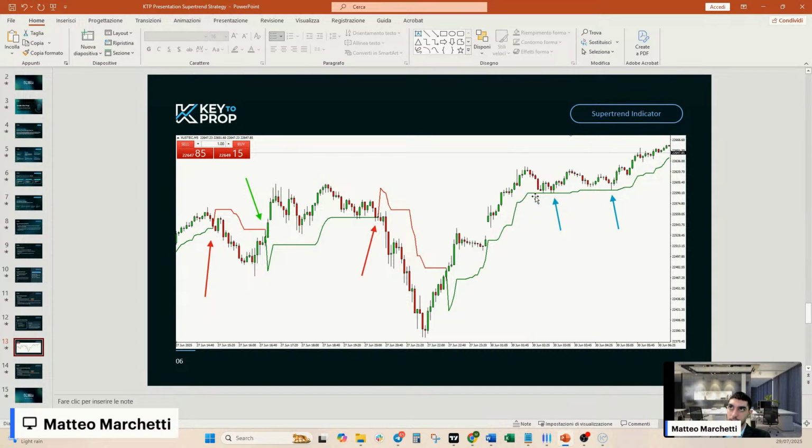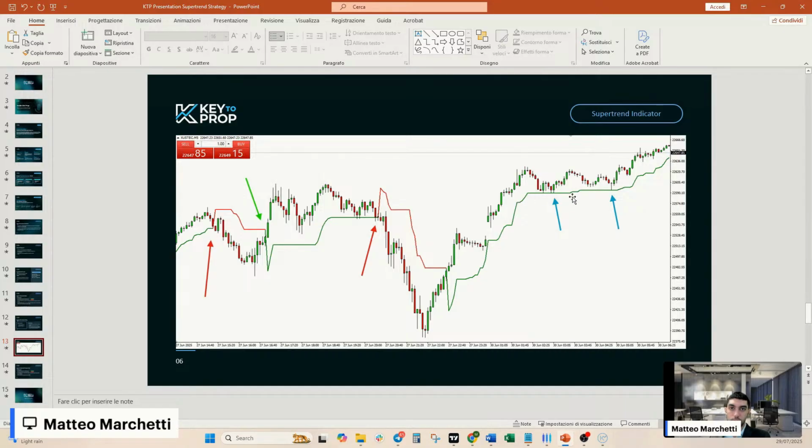When it's static, when it remains at the same level for a certain period of time, and the prices retrace and try to create a kind of pullback on the super trend line, this is a very interesting long opportunity.